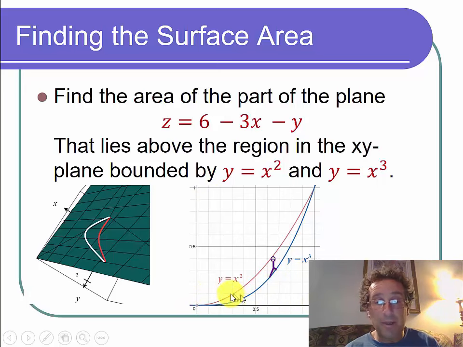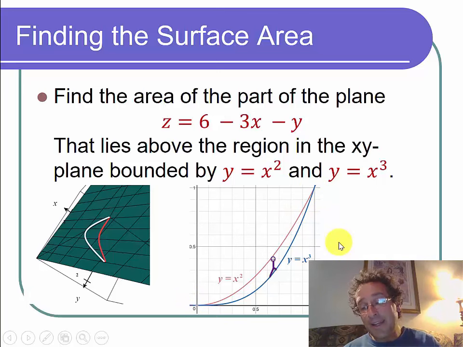That's the important thing for double integrals, not this whole full surface, but what does it look like in the xy plane. And we have the curve y equals x cubed, which is below the curve y equals x squared. So the little man's head is at y equals x squared, and the little man's feet are at y equals x cubed. These curves cross at x equals 0 and x equals 1.